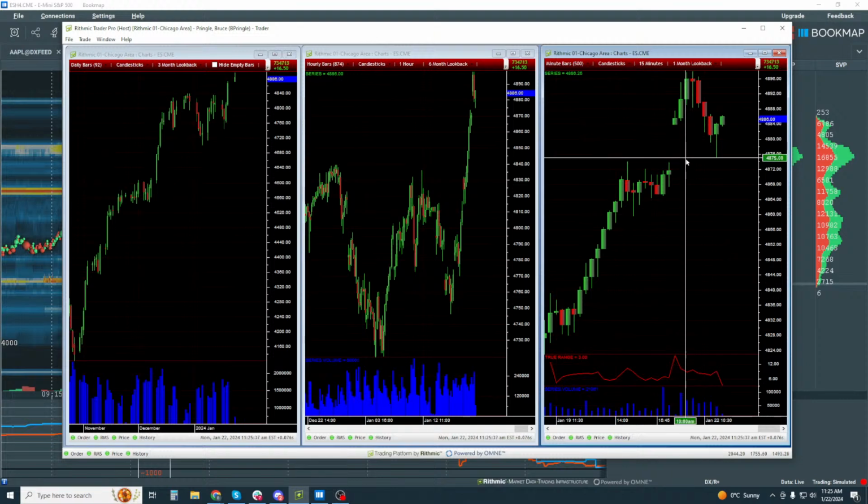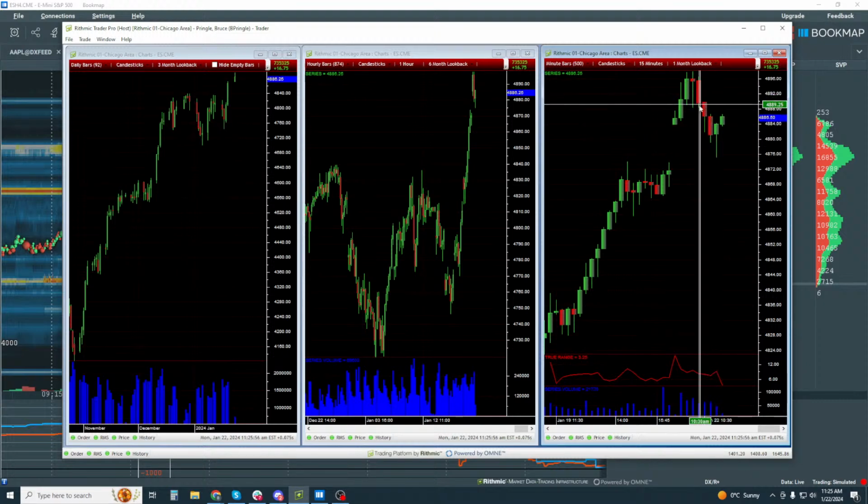We almost got a full gap fill in here, and then now we're finding buyers coming back in though. Okay, so we didn't get a full gap. But it doesn't matter. If we find the demand in here and we find buyers in this bigger picture, or at least intraday, then the next level I would say would be these two little swings up here, which would be our 89 level, 88 and a half level up here, and we're just a few points away from that.